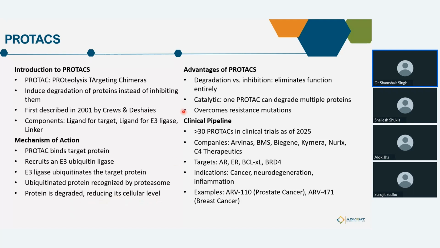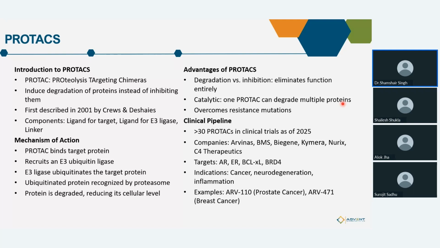So what are the advantages of doing it? Degradation versus inhibition: it completely eliminates the function of the protein entirely. It is also catalytic, so one PROTAC can degrade multiple proteins. Once the degradation is done, the PROTAC is free again.